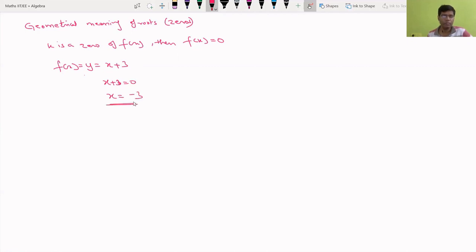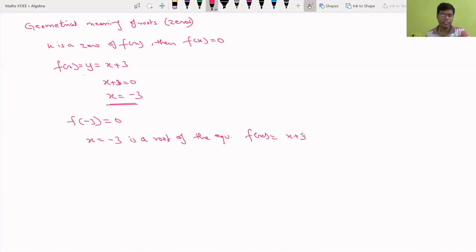For x is equal to minus 3, this particular f of x, that is x plus 3, becomes 0. So that basically means f of minus 3 is equal to 0. So it means that x is equal to minus 3 is a root of the equation f of x is equal to x plus 3.